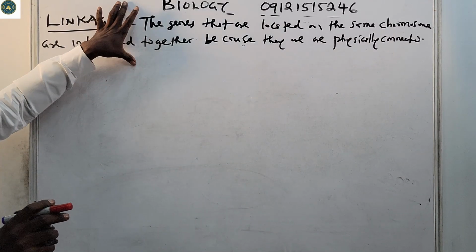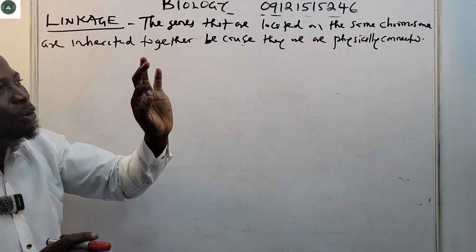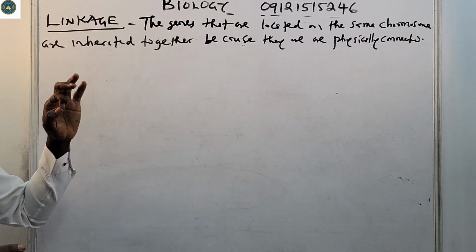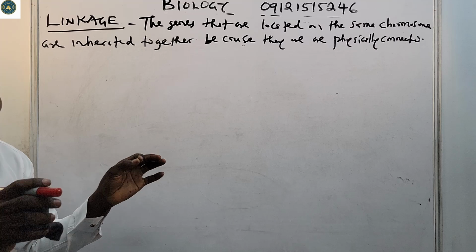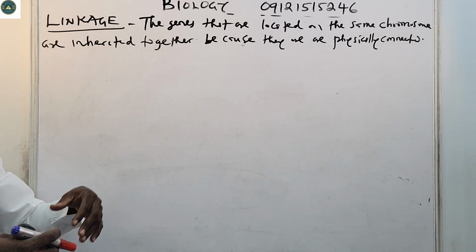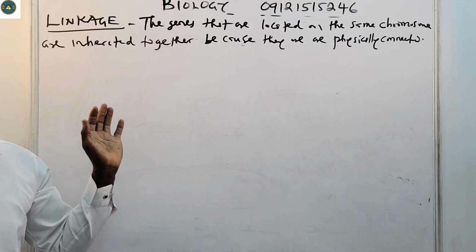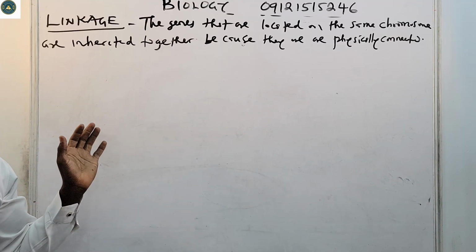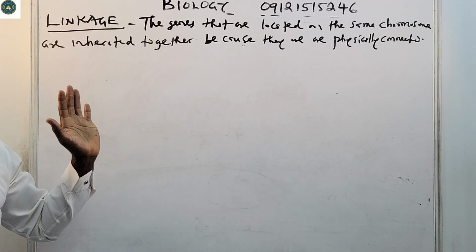That is what linkage is. The genes that are located on the same chromosome are inherited together. They will not assort independently. They will not separate. They will flow into the gametes together and be inherited. That's what happens in linkage.